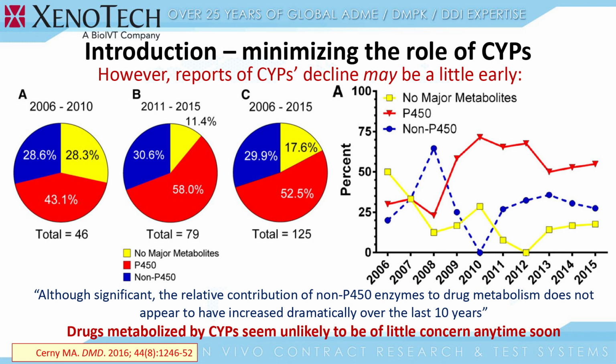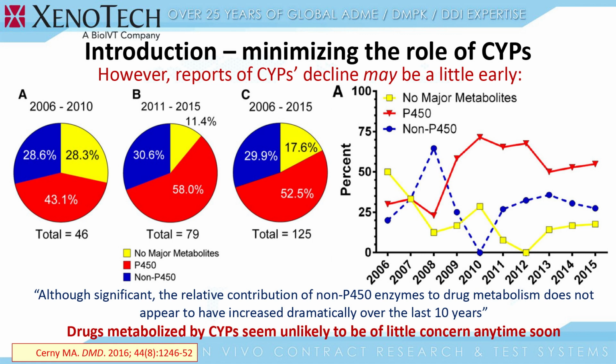So in spite of all the work in medicinal chemistry, the reports of the decline of the role of cytochrome P450 enzyme involvement in xenobiotic metabolism might be a little premature. The data on this slide were put forth by Cerny in the same 2016 edition of Drug Metabolism and Disposition that I mentioned earlier.